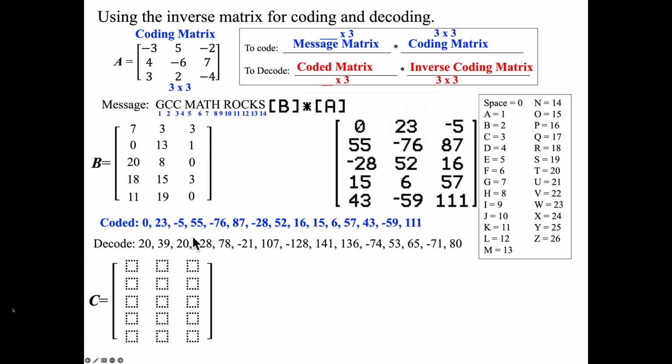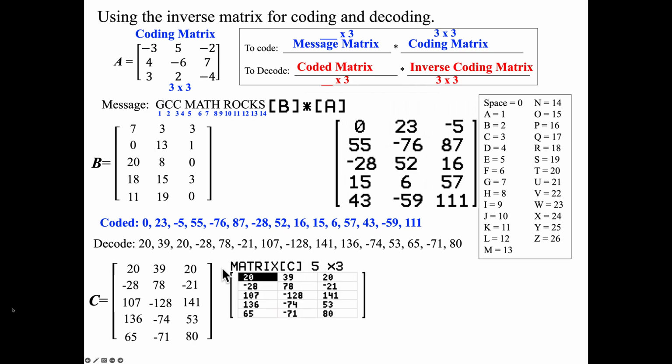You might want to group them in threes. So we're going 20, 39, 20, negative 28, 78, negative 21, 107, negative 128, 141, 136, negative 74, 53, 65, negative 71, and an 80.